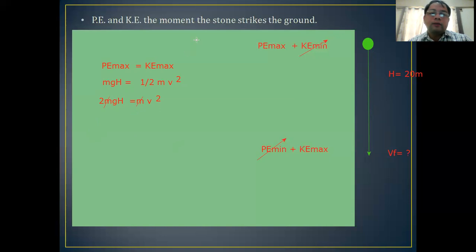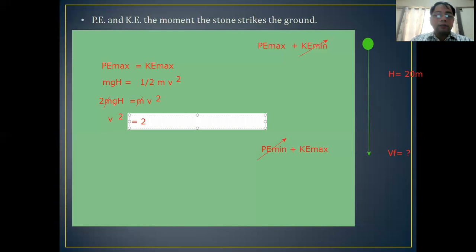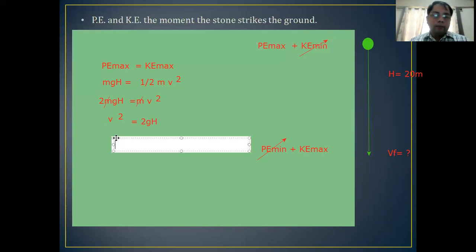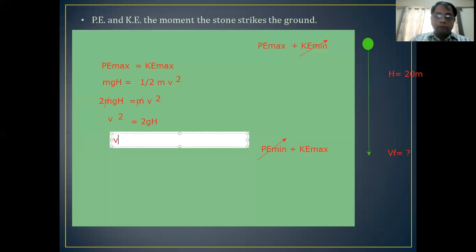It will just leave us with an expression where v squared on the right side equals 2gh on the left. But since this is an equation, we can say that v squared will be equal to twice g times h. Now, if we solve for v, then we are going to find the square root on the other side.